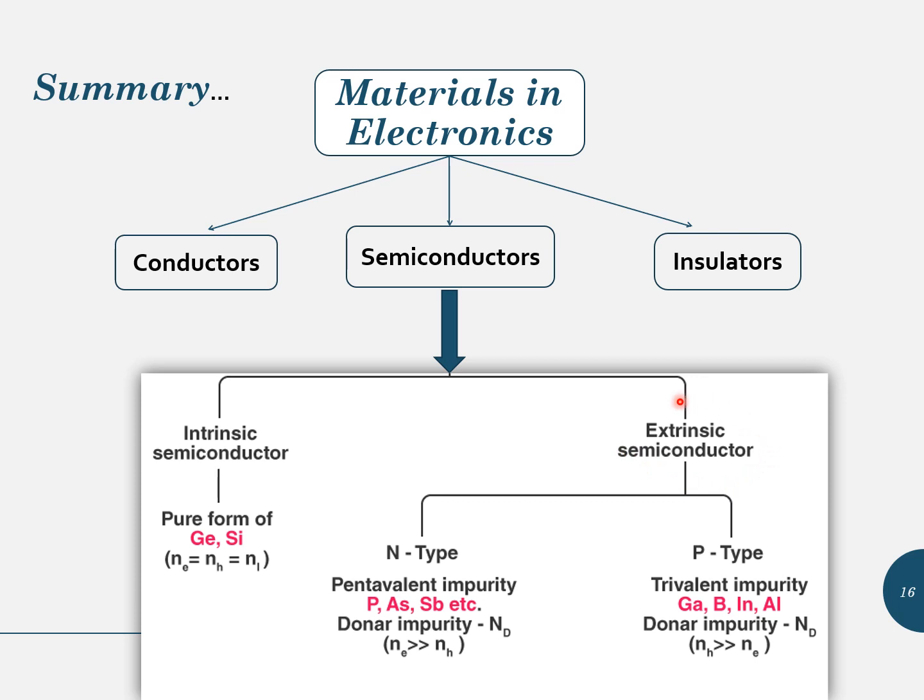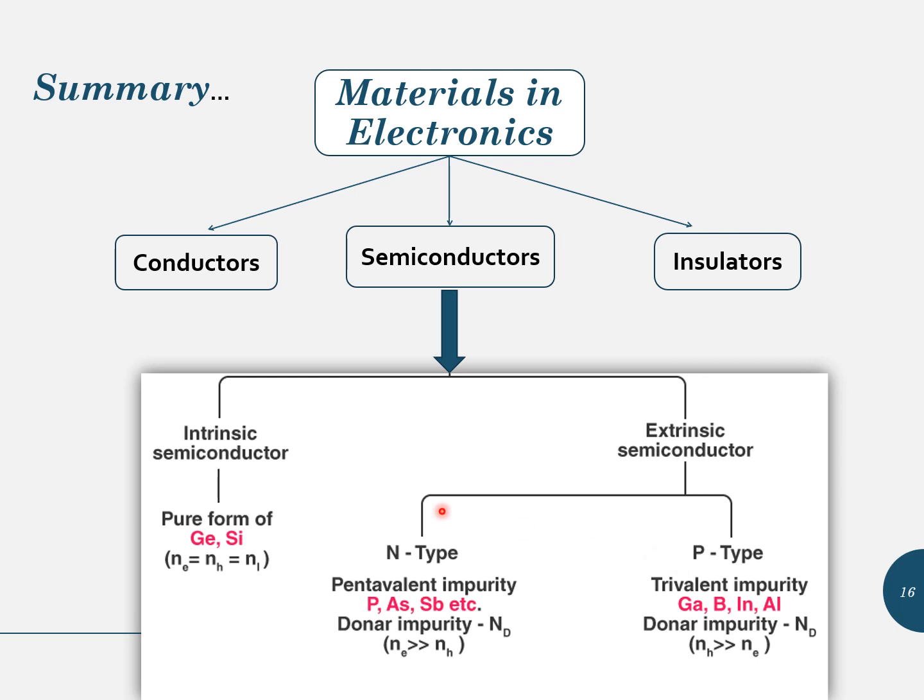These extrinsic semiconductors are further divided into two types: N-type semiconductor and P-type semiconductor. In N-type semiconductor, pentavalent impurity is added to increase the number of free electrons in the host atom, whereas in P-type semiconductors, trivalent impurity is added to increase the number of holes in the host atom.